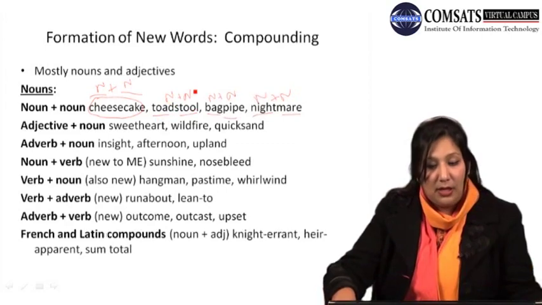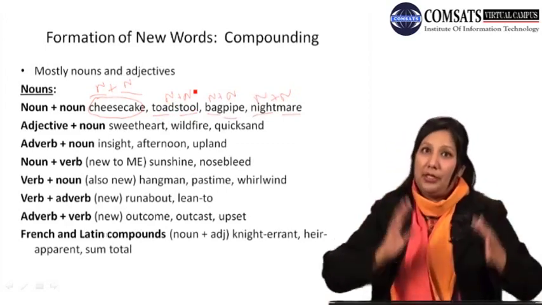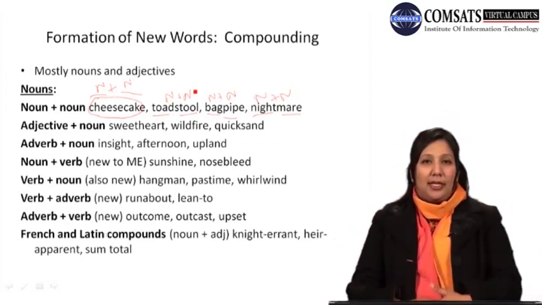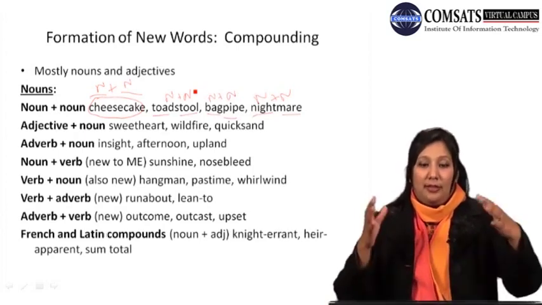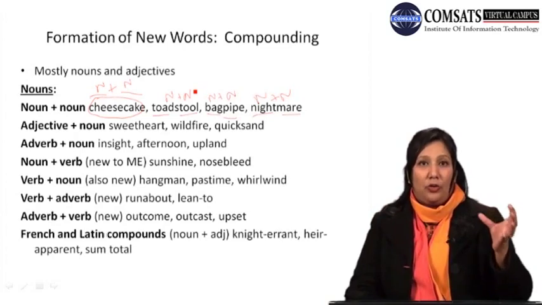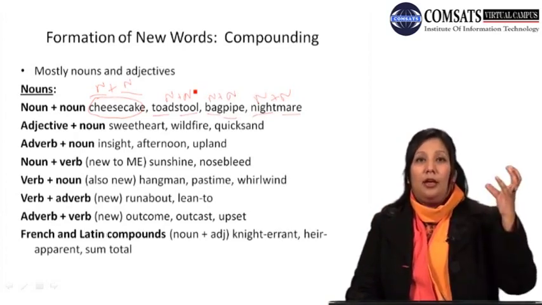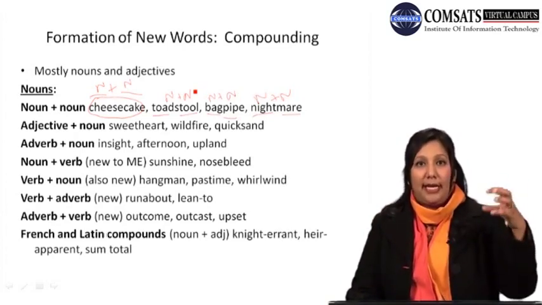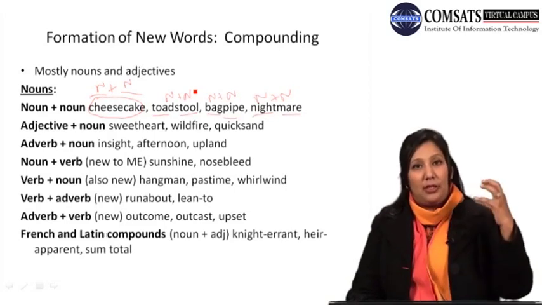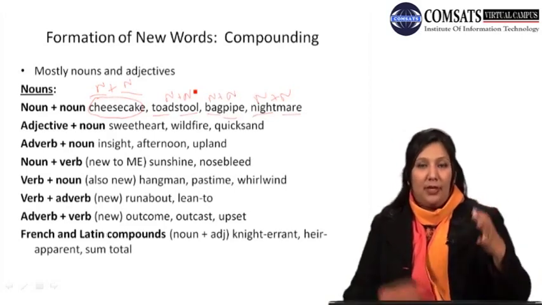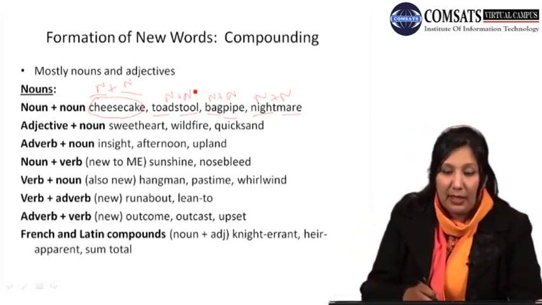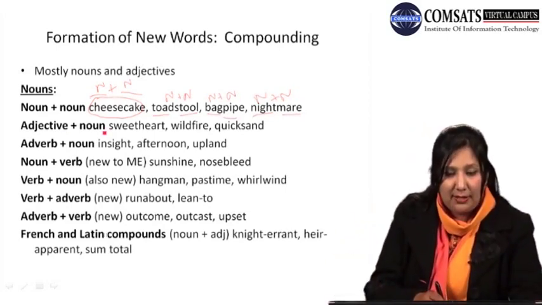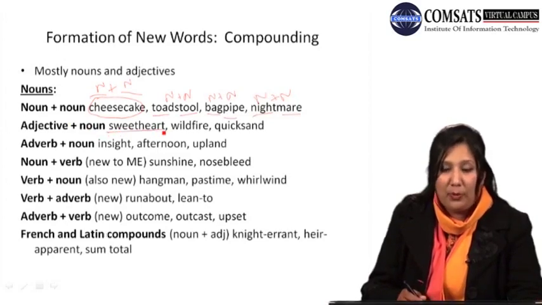Adjectives plus nouns. These are compound words where the first word is an adjective. An adjective is a word that qualifies the noun itself. The first will be the adjective and then the noun. Look at the word sweetheart, a very common word.